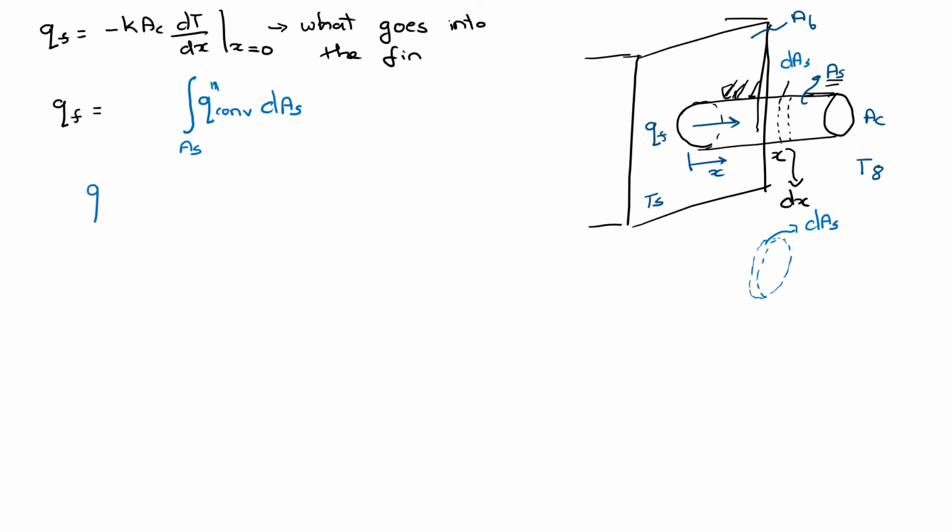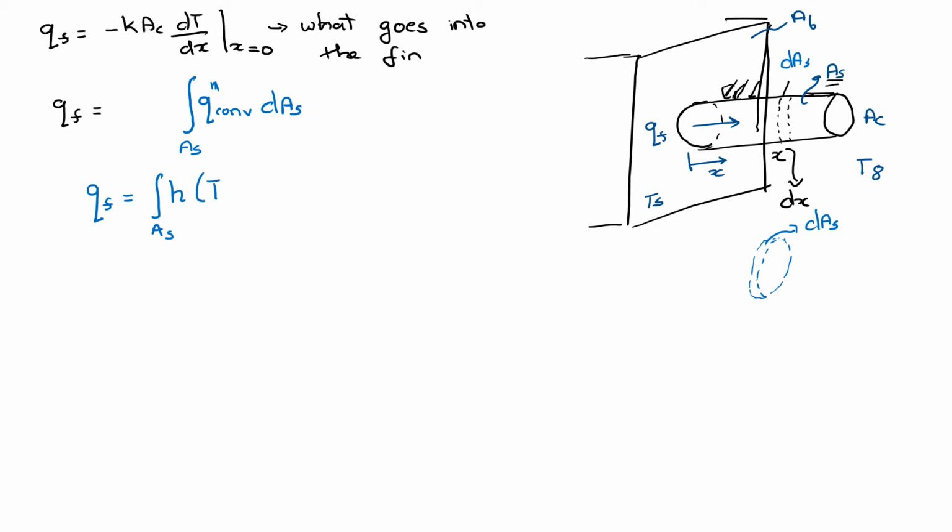So we can write down the formula for QF, which is the heat transfer rate that goes in, as the integration over the entire surface of the fin of Q double prime convection, that's the heat flux due to convection, as h times the temperature difference.